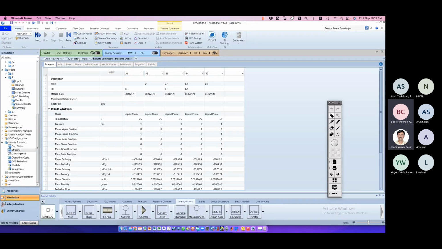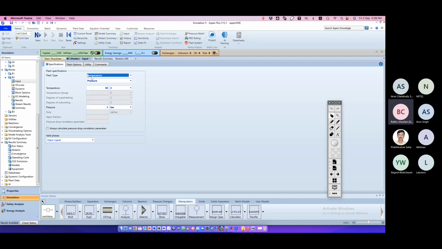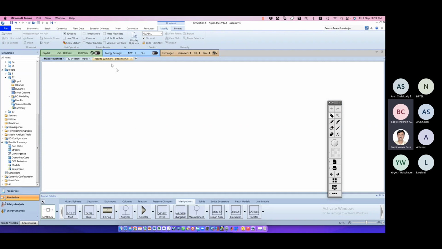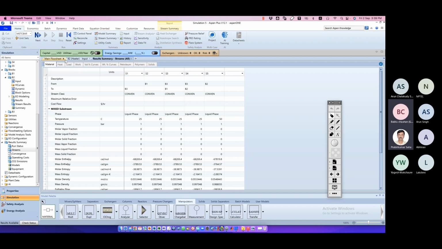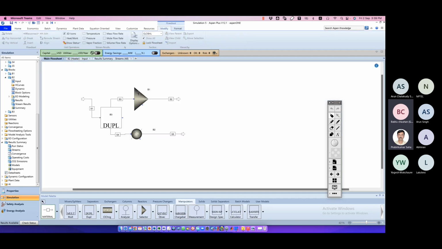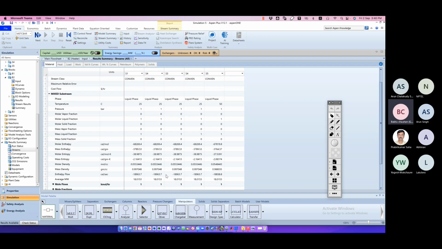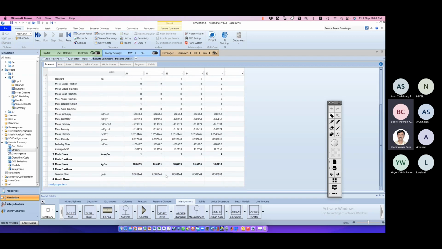And S3 and S4 will be the same as S1 because it has been duplicated. You can see S1, S3 and S4. Each and everything is the same in this tree. So this has been duplicated.